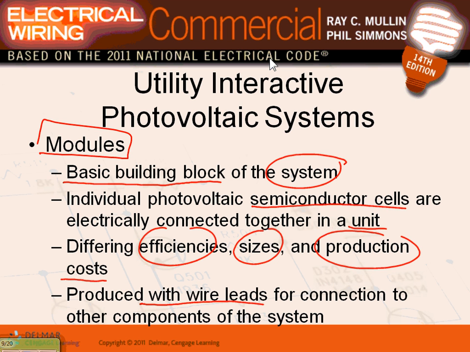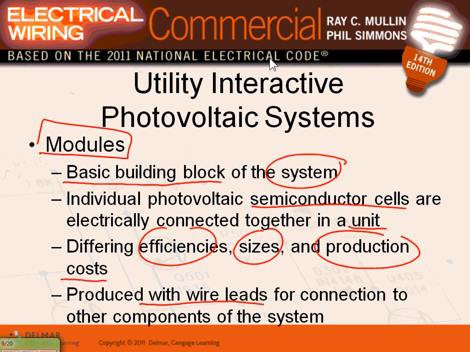What they do with these modules: here's module 1, say, and I'm going to make these two modules a panel. The manufacturer produces cable with them. We can plug this module into this module.